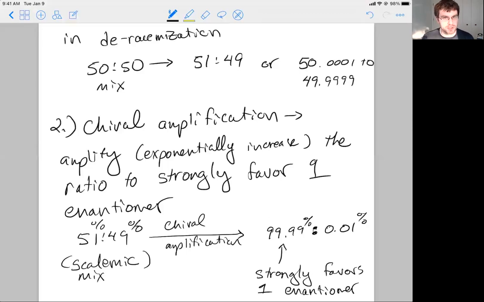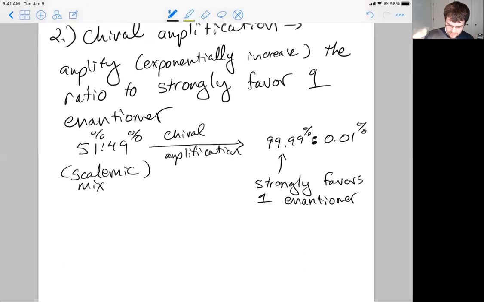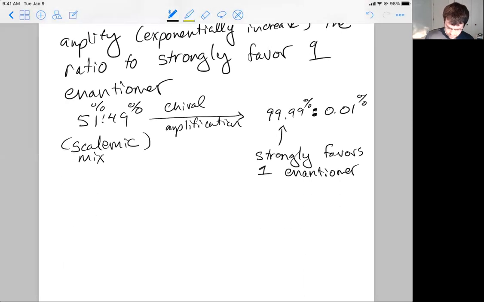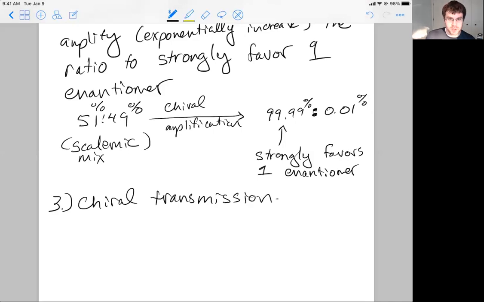This is almost a separate step, okay? And then with number 3, in step 3, we achieve chiral transmission. And this is what I focused a lot of the last lecture on. Chiral transmission is where we take homochiral molecules and we allow them to transmit their homochirality into the generation of other chiral molecules.